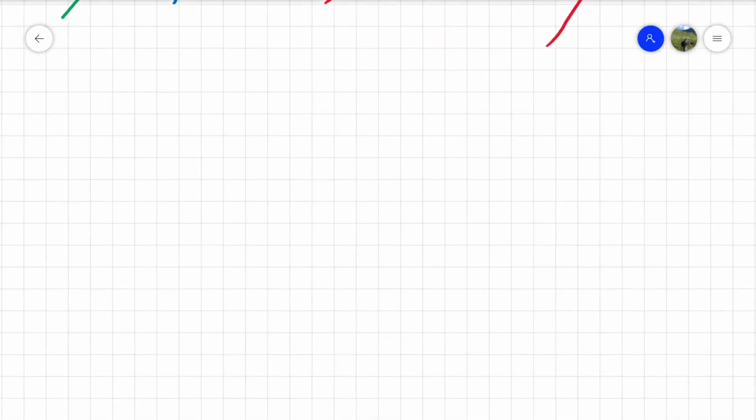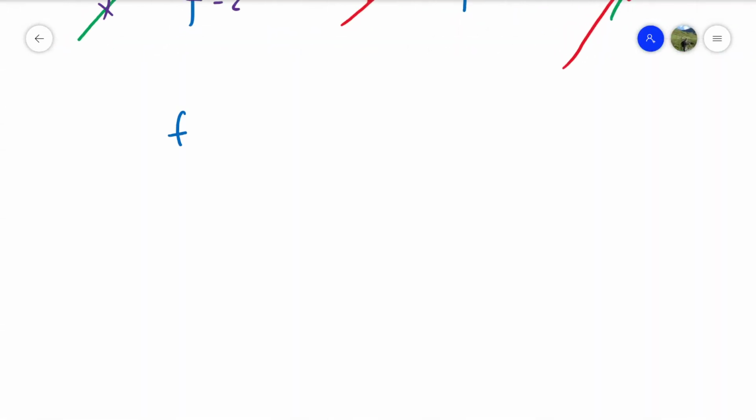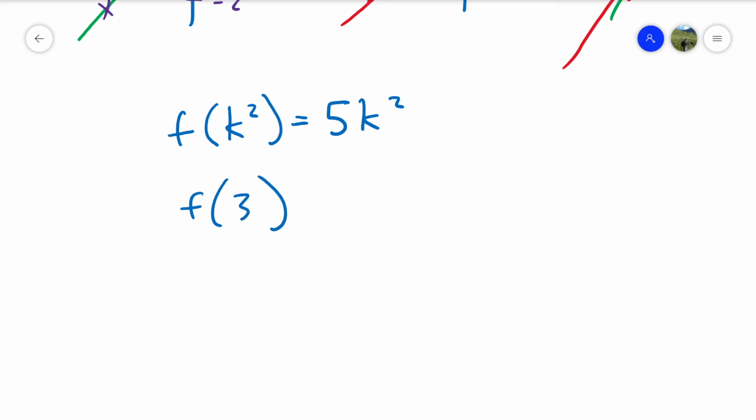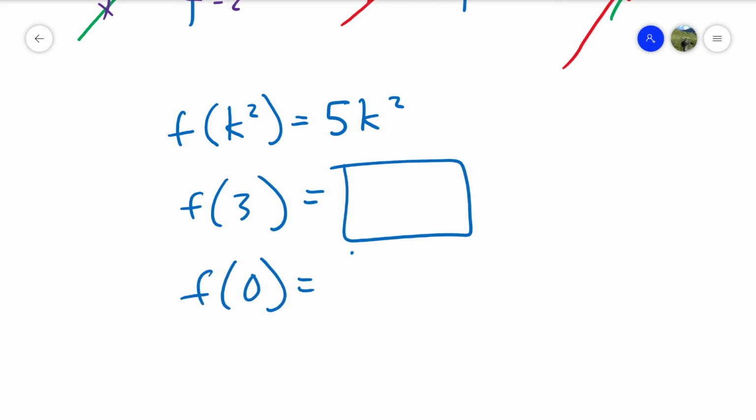Let's move on to the next question. Have a go in your own time. Again, because it's a function question, I've not bothered writing an actual question. Okay.